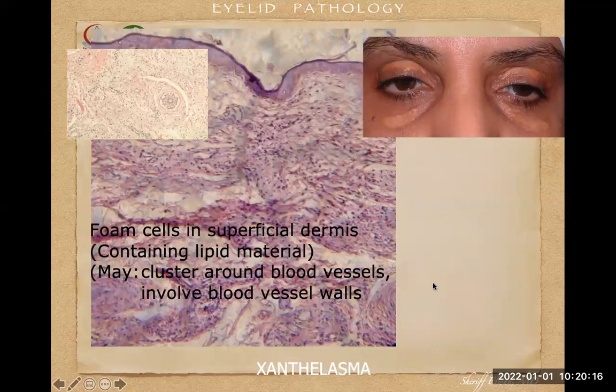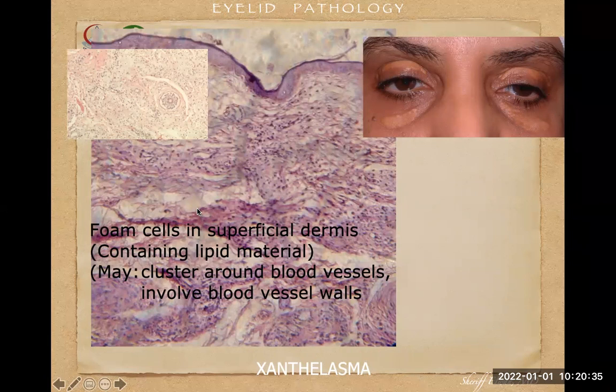This may be due to hypercholesterolemia, and hypercholesterolemia might be a congenital variety or due to dietetic reasons. And once you see these, you should check the cholesterol level, triglyceride level in your patient.